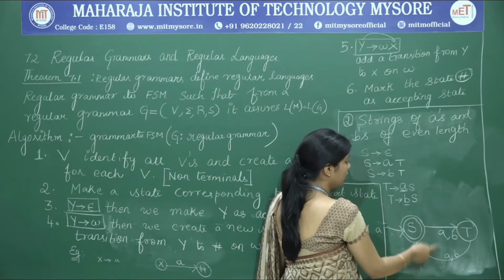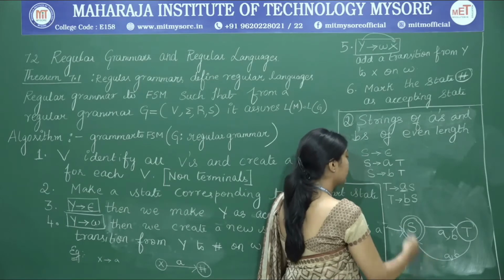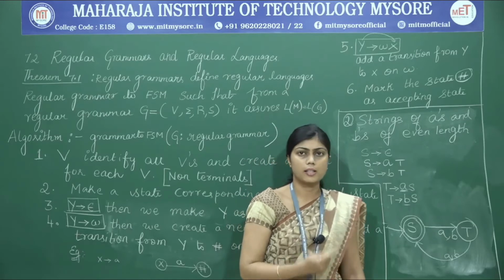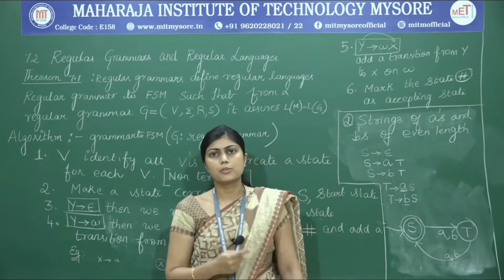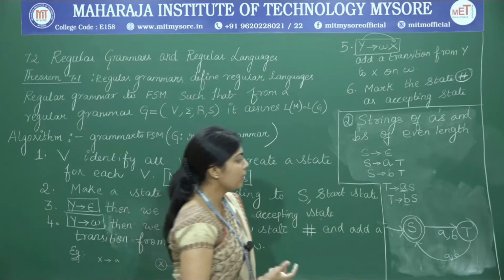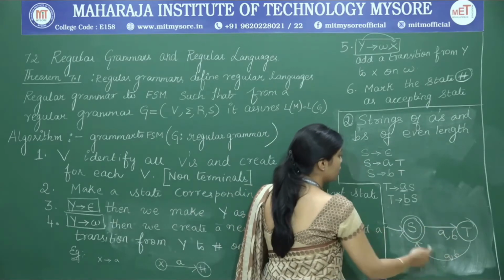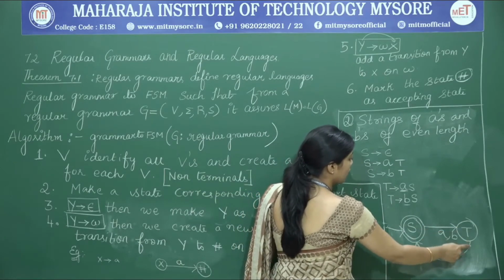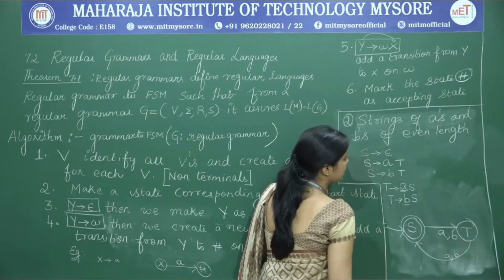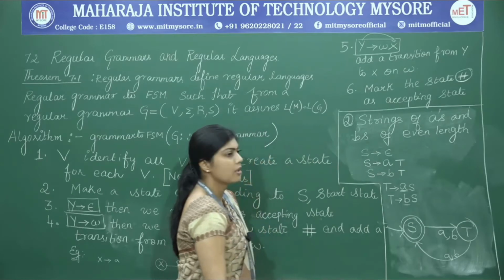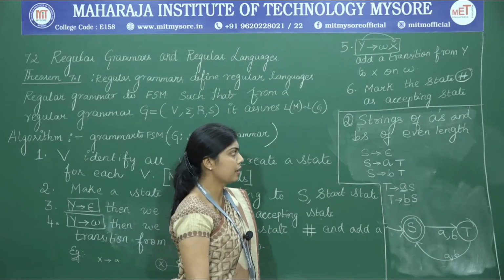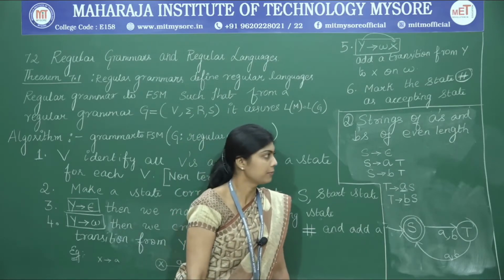This cycle can repeat any number of times, so it will be 2 symbols, 4 symbols, 6 symbols and 8 symbols and so on. The odd number of symbols, that is 1, 3, 5, are actually getting rejected at the state T. So this is the end of the problem for the strings of a's and b's of even length.